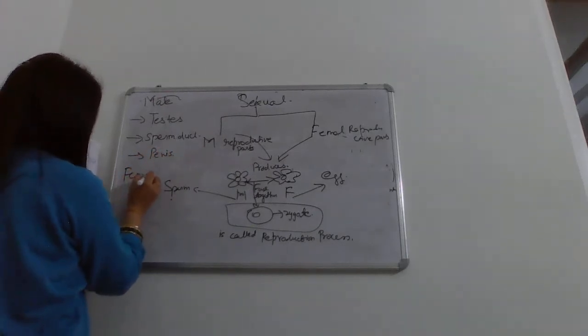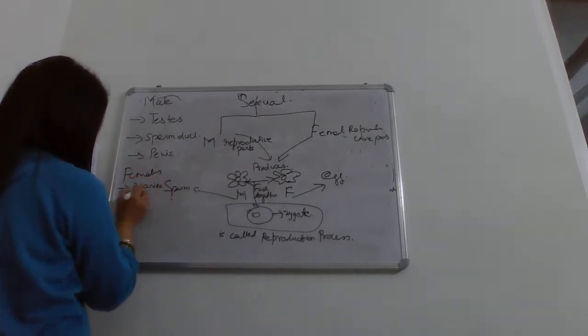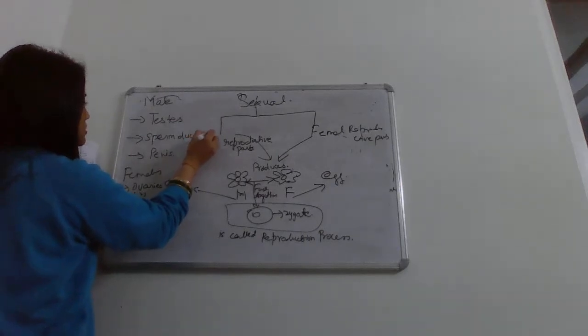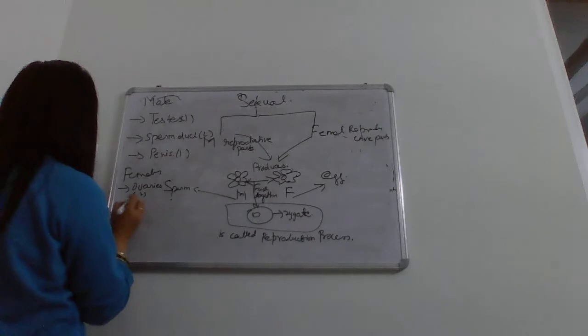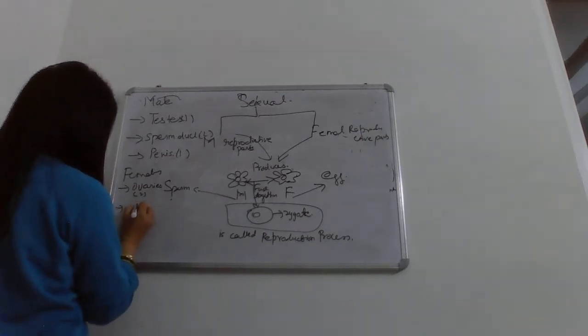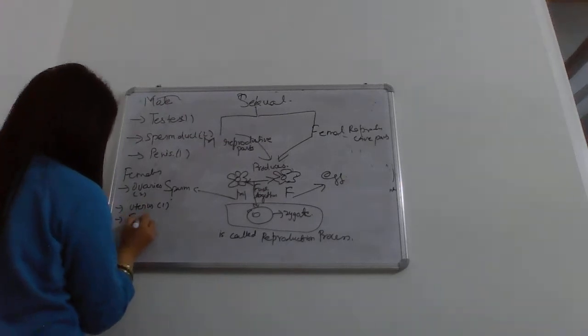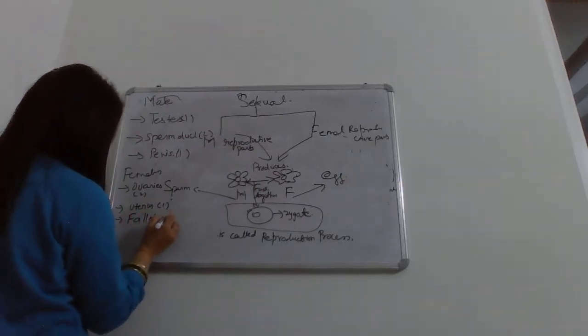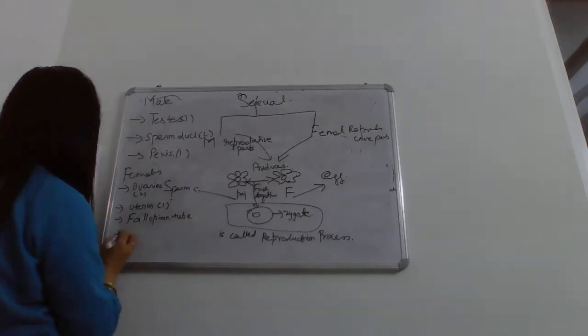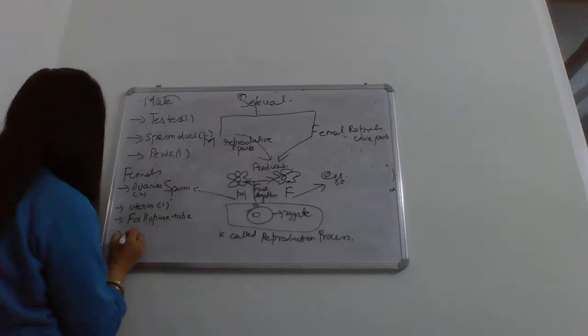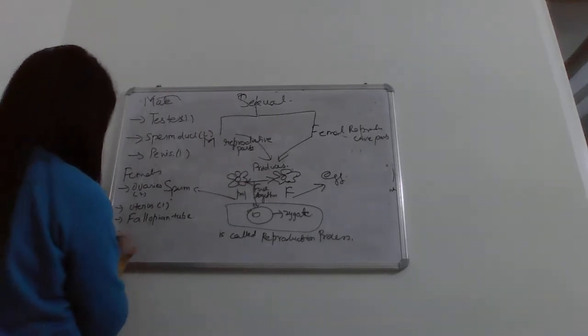Whereas females have ovaries, uterus and fallopian tube. So males have two sperm ducts, one testes, one penis; females have two ovaries, one uterus, one fallopian tube.